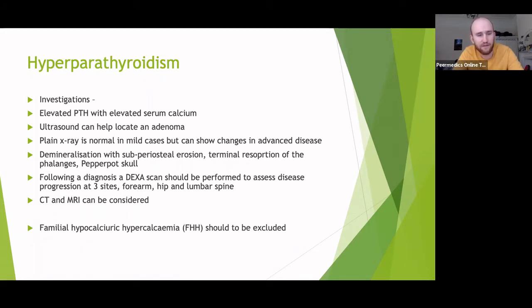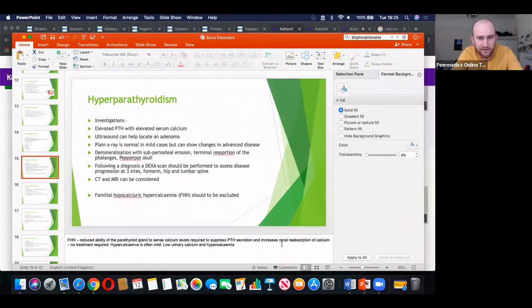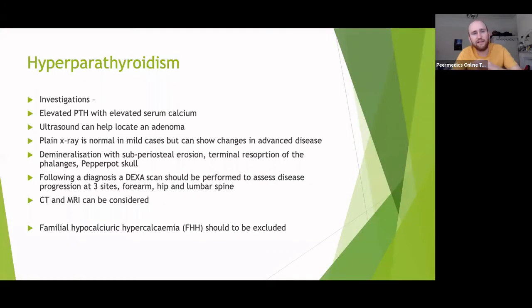It's due to reduced sensitivity of the receptors to PTH, so PTH continues to be produced, but it's not because of a central problem. It's due to the receptors not being sensitive to PTH, basically.